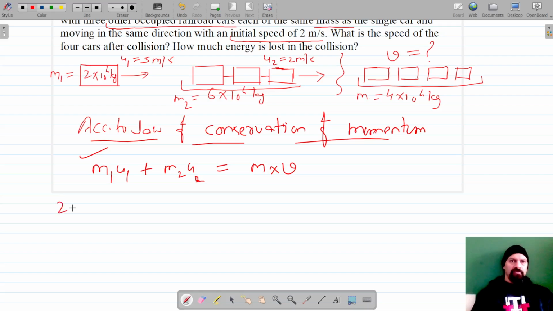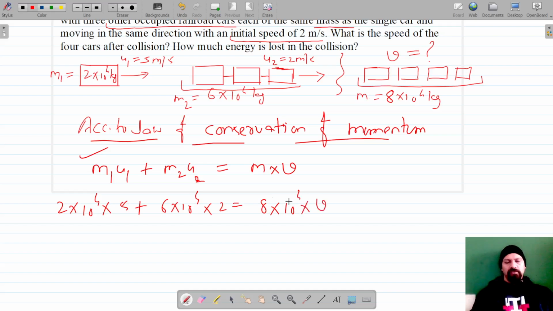Now m1 is 2 × 10^4 kg, u1 is 5, m2 is 6 × 10^4 kg, u2 is 2, and m is the four cars, so 4 times 2 is 8, so this is 8 × 10^4 kg into V.